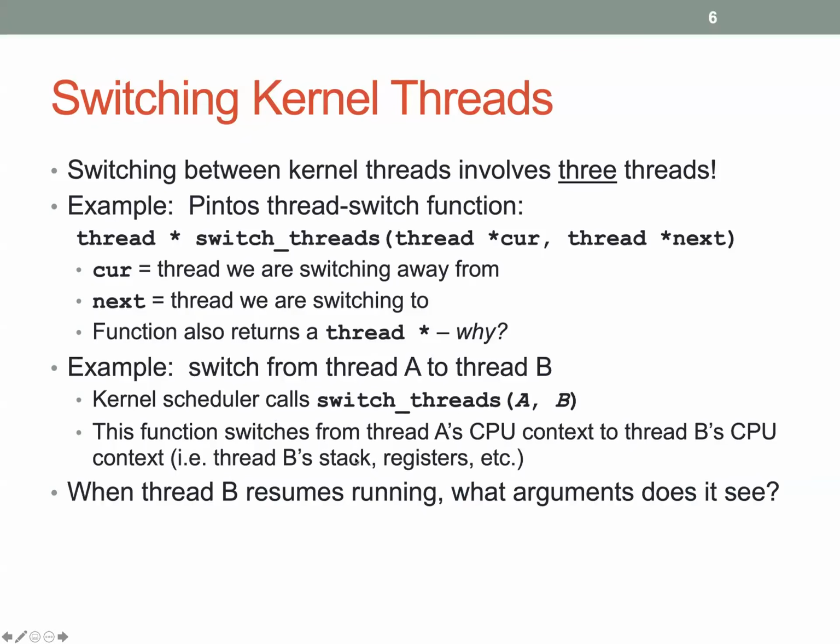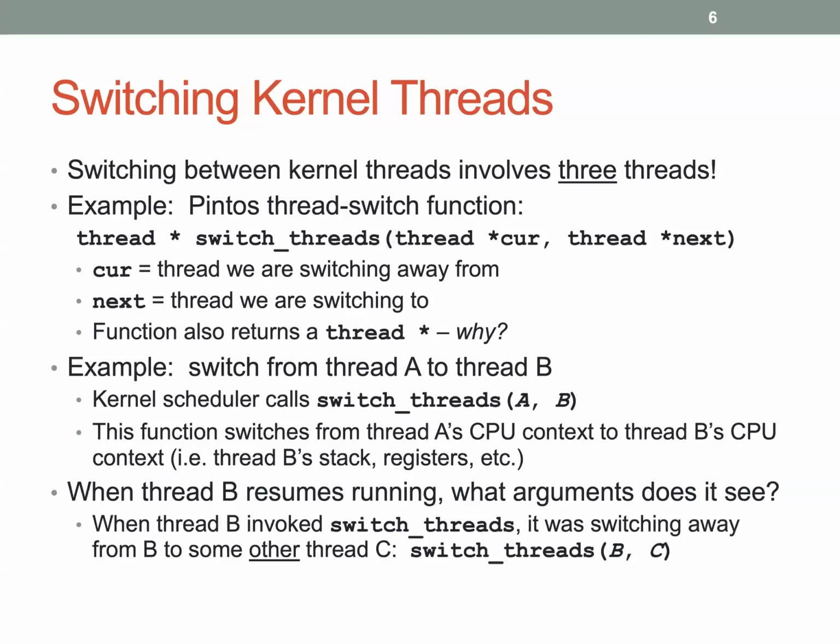And the answer is no. When switch threads actually switches to thread B, it's going to see the current thread is B, and the next thread is some other thread C. And so you can see in this picture that we've lost track of thread A. We've lost the fact that we're switching away from thread A because we've changed the machine context.